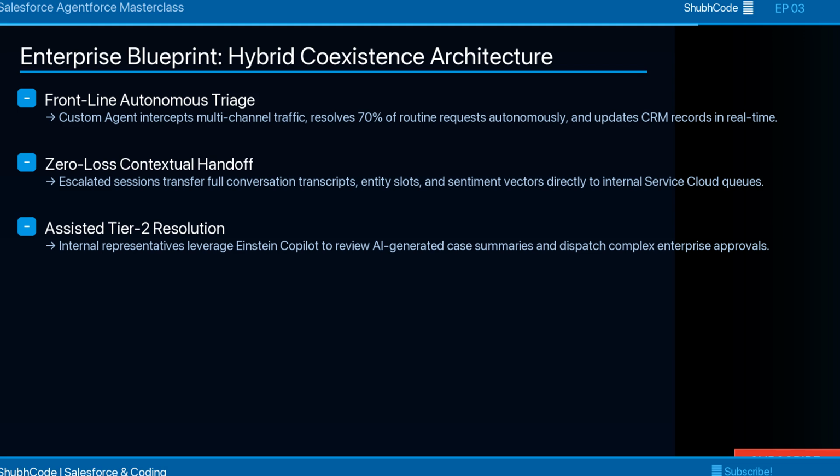When the customer requests an exceptional contract renegotiation, the agent seamlessly escalates the session, packaging the entire conversation summary directly into an internal Service Cloud case. The Tier 2 account executive opens the record, where Einstein Copilot instantly drafts a tailored contract amendment based on the escalated transcript for rapid one-click approval.